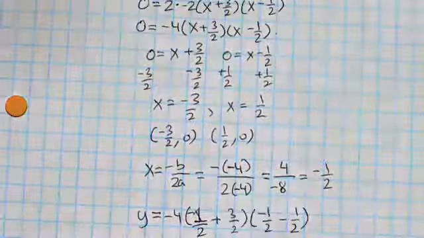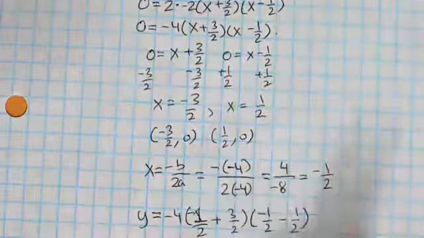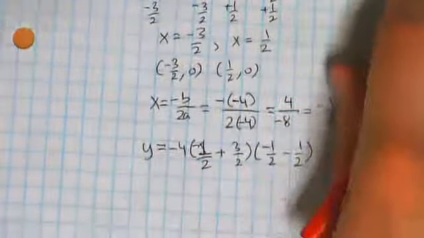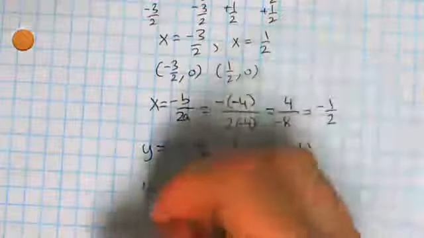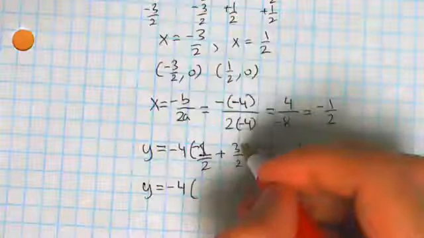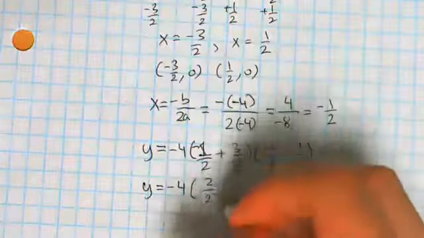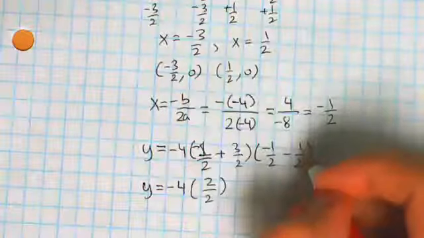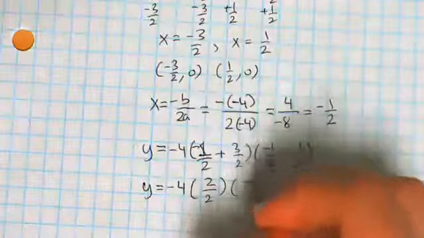And when we combine our fractions, look at that, they all have the same base. So I can just add the numerators together. When we combine those fractions, we still have our -4 sitting out here. -1/2 plus 3 is 2, so that's 2/2. This one is -1 minus 1, so it'll be -2/2.